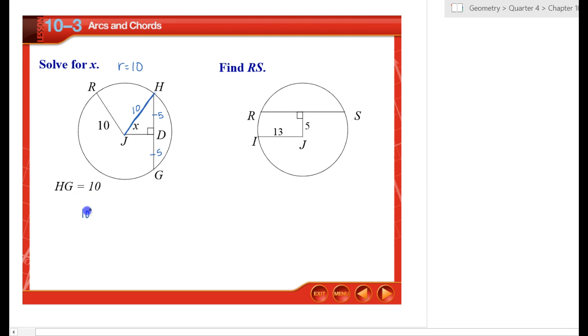My hypotenuse is 10, so 10 squared equals x squared plus 5 squared. Give me an exact answer. 100 equals x squared plus 25. So 75 is equal to x squared. The exact answer should be 5 square root of 3.